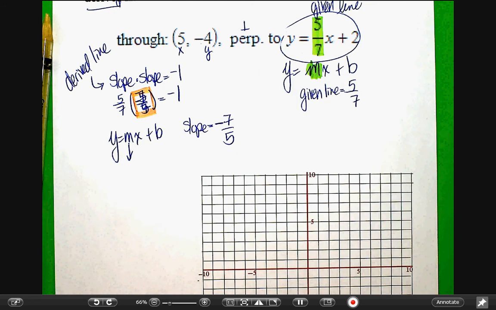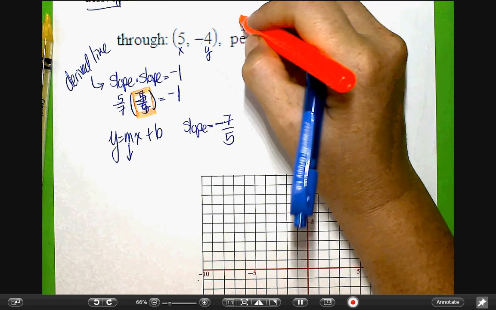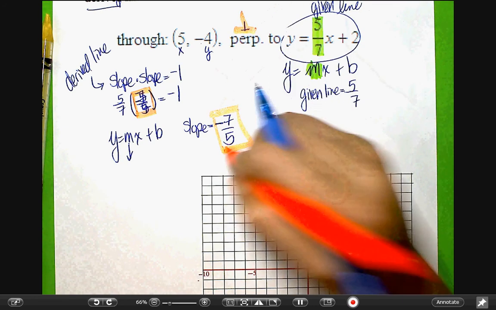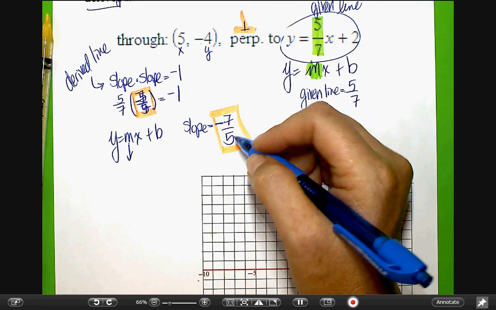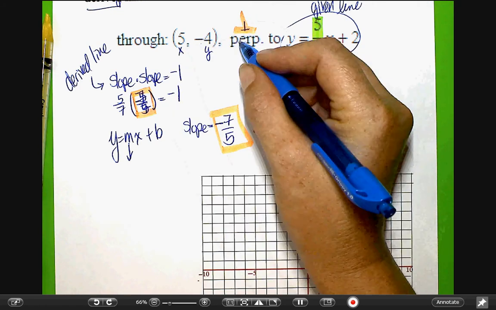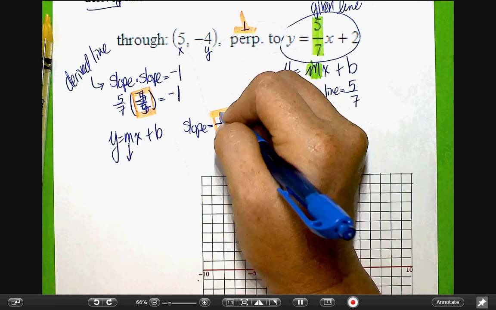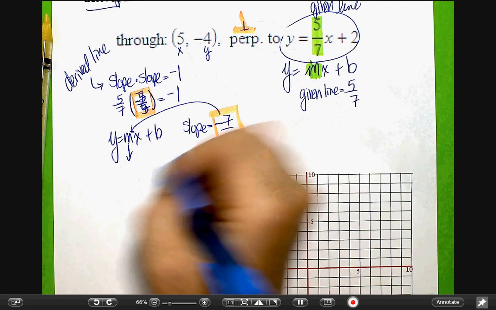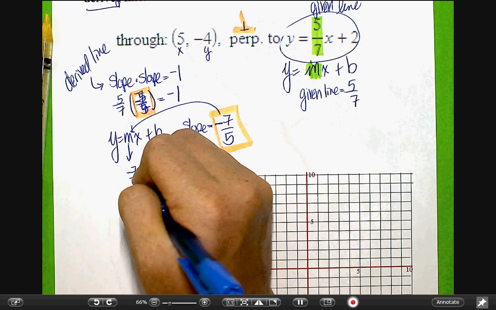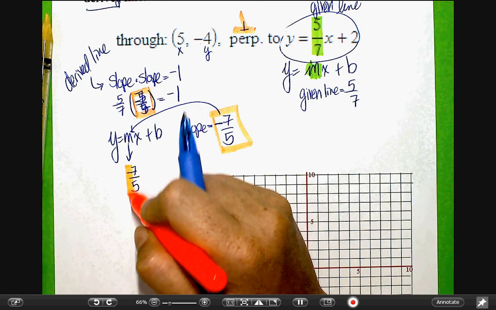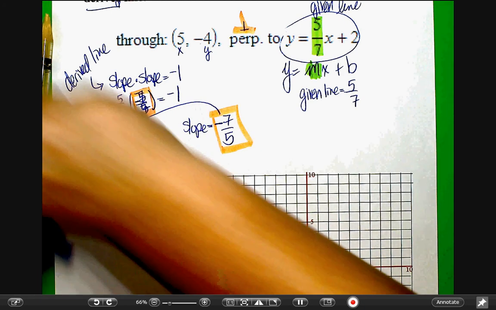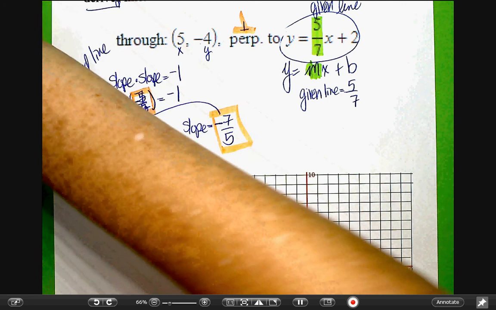That's our derived line because we want it to be perpendicular. Problem is we don't have our b, but look what we do have. We do have an x and a y, so we're going to take this slope, put it in right there, -7/5. B we don't know.